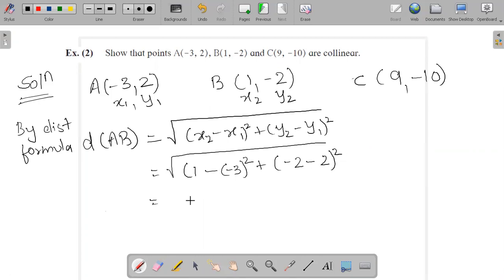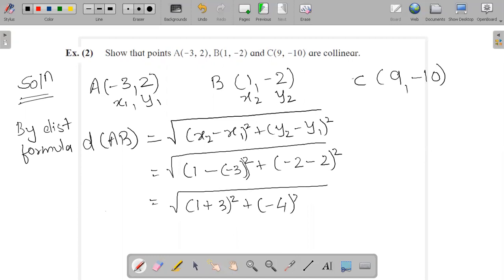Now this will become 1, minus into minus will become plus, so 1 plus 3, the whole square, plus -2 minus 2. We'll do addition, so -4. Correct.